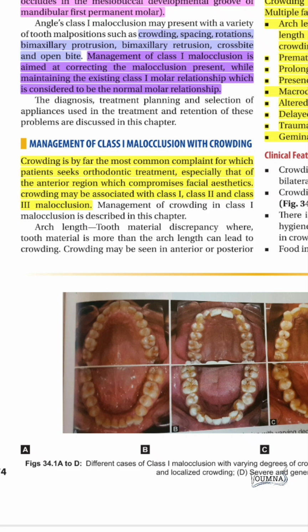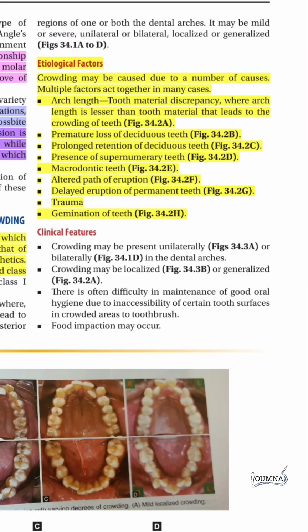Now, crowding is considered the most common complaint of patients seeking orthodontic treatment because it has an aesthetic impact, especially if it is in the anterior region, and it can be associated with Class 1, Class 2, and Class 3 malocclusion.